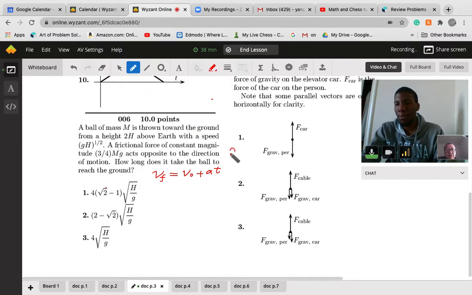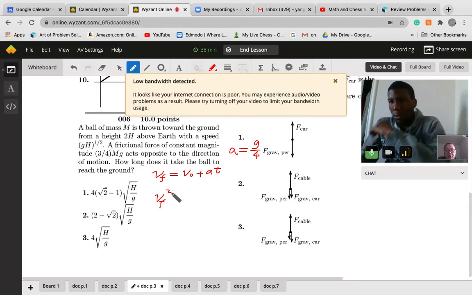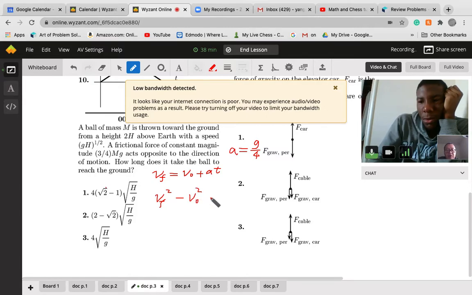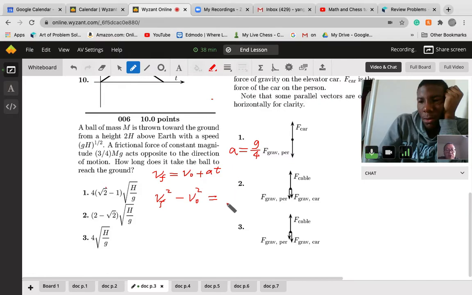Then we also have the formula Vf squared minus V0 squared equals 2 times A times the height 2h. Right? So now let's simplify this one.